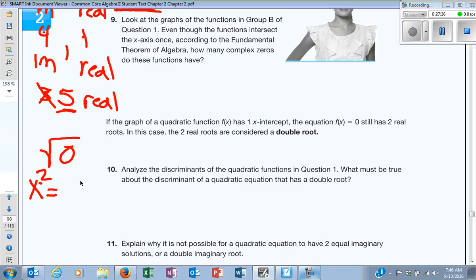So what happens when I have that square root of 0 is I have 1 real root, but it has a multiplicity of 2. It means it happens twice. Remember how I said it's called a double root? And like I said, we're going to talk a lot more about this in other sections, but just to give you a preview of it. Does that kind of make sense to you?